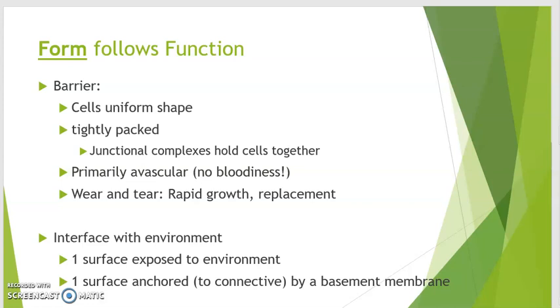You don't want different size or different shape cells. They won't fit together well to form a good sheet. You also want these cells to be tightly packed with junctions that really hold the cells together to prevent that secretion from leaking. It would be a great idea if those barrier tissues were primarily avascular.